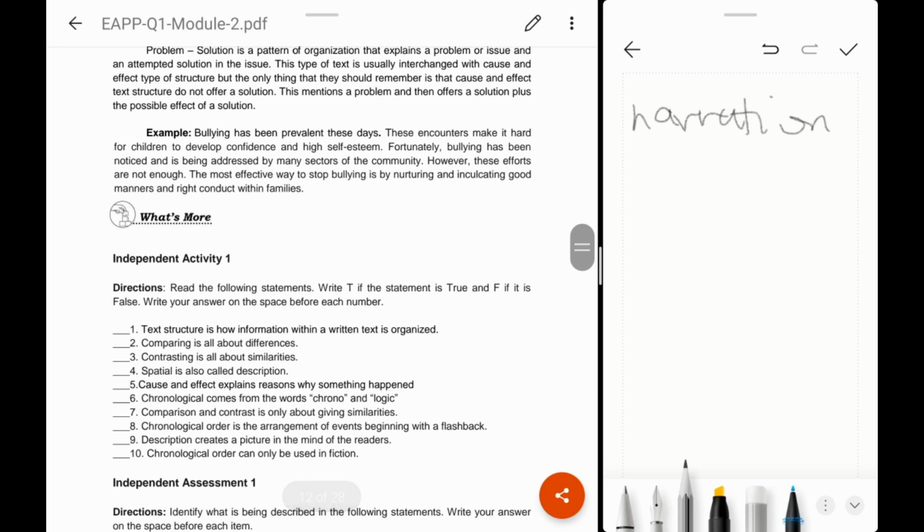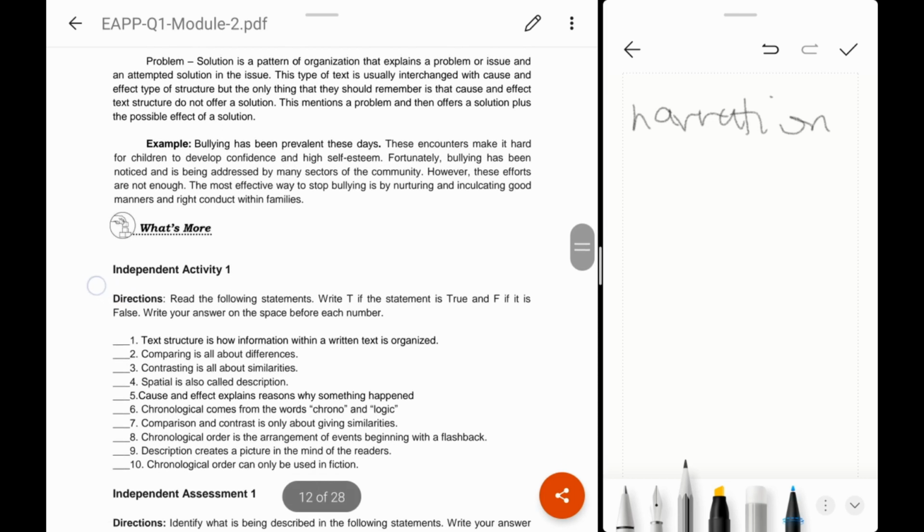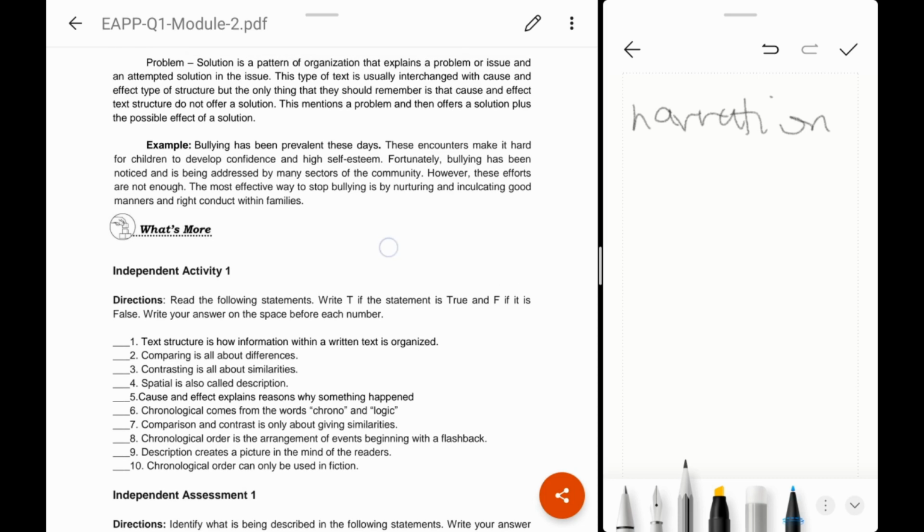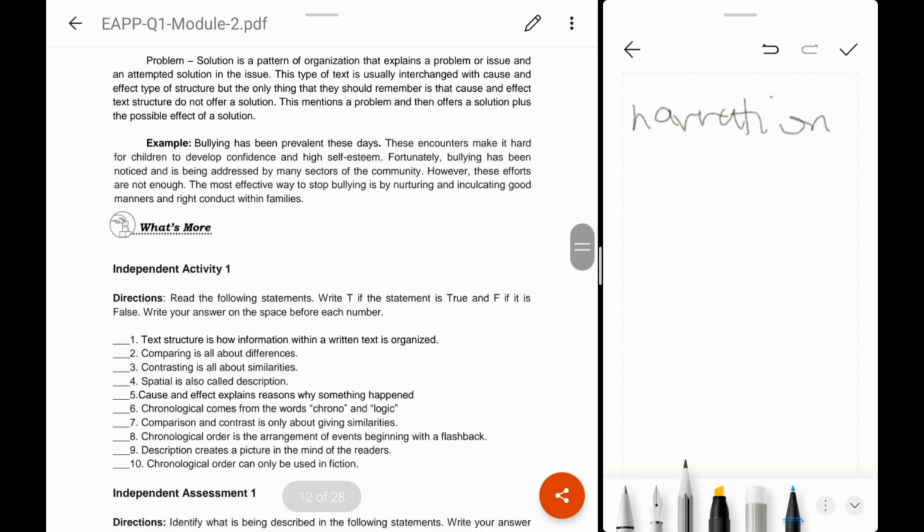The most effective way to stop bullying is by nurturing and inculcating good manners. Kailangan daw, ang magiging solusyon lang daw para matigil na ang bullying ay kailangan turuan natin ng good manners and right conduct ang mga estudyante within their families. So here guys, you see here that the writer showed a problem that is bullying and then offered a solution.